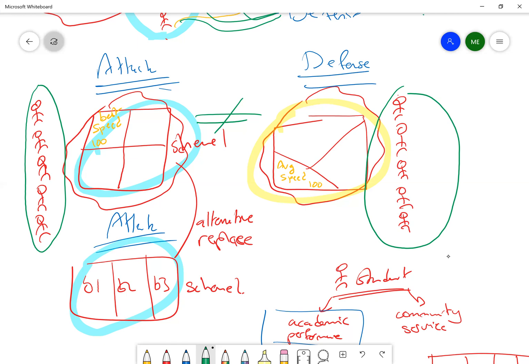Meaning these are variables A, B, C, D, E, and I could use the same ones with different ranges. But looking at them, if A is 100, that for attack puts me in really good, while 100 in defense puts me in the average category, despite it being the same value.